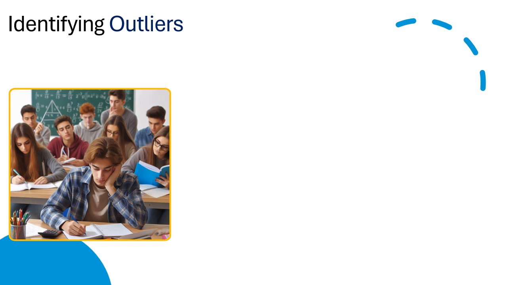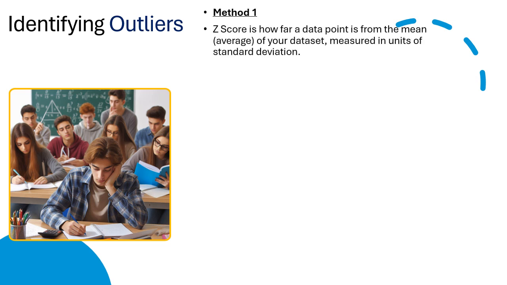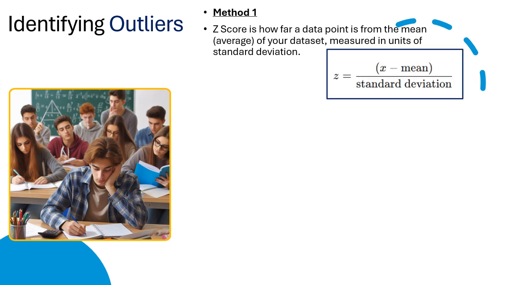Now I will explain three different methods, which is basically only two. The first method is using the Z-score. The Z-score is how far a data point is from the average of your dataset, divided by the standard deviation, so it is measured in units of standard deviation. The formula looks like this: Z-score equals the data point subtracted by the mean and divided by the standard deviation. So when would you say that it is an outlier?